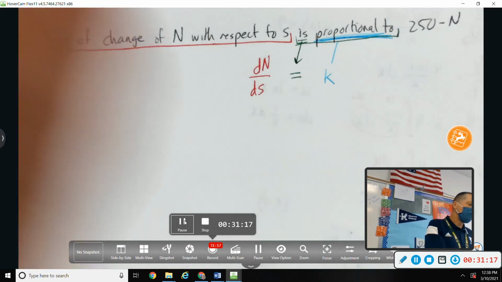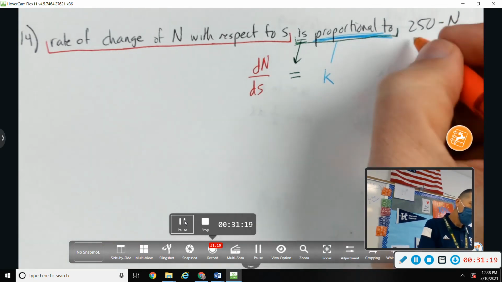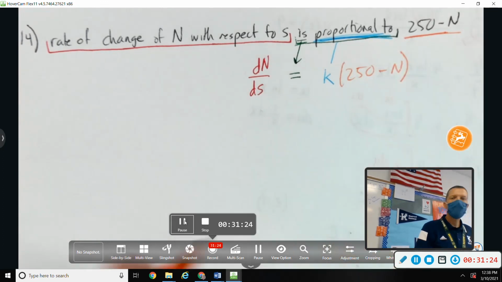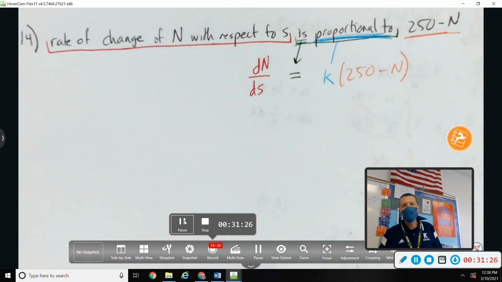Running out of colors. There we go. Red, green, blue, orange. And I think it says write and solve the differential equation. So we wrote the differential equation. Next we would solve it.